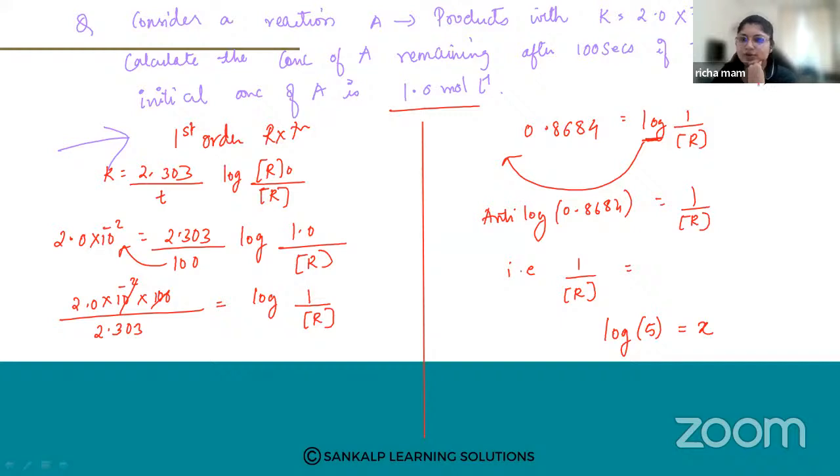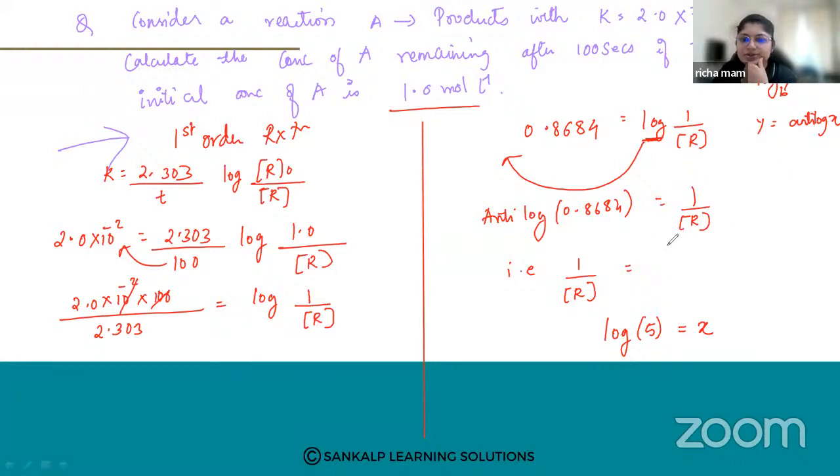So if log of y is equals to x, then y will be equal to anti-log of x, right? First you have to divide this into characteristic part and mantissa part, right? So the whole part.